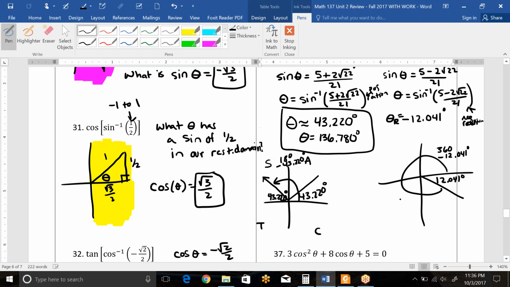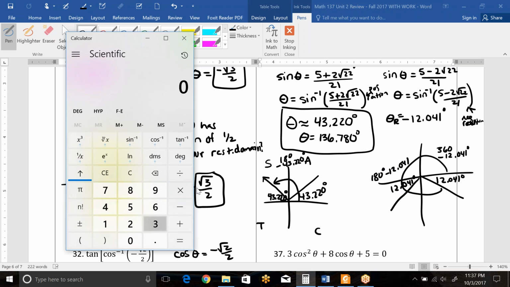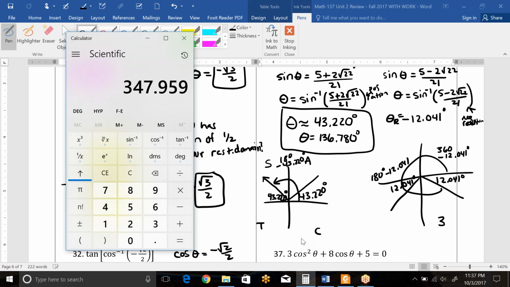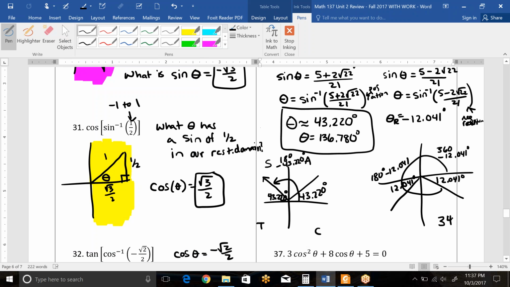Because there's also a negative ratio for this part of sine, there's going to be another answer with the same reference angle over here. So this one will be 180 plus the 12.041, because we're beyond 180 degrees. Let's work those out. 360 minus 12.041 gives me 347.959 degrees.